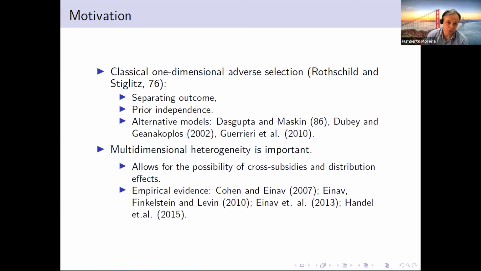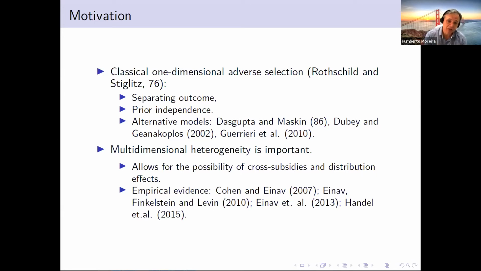If you go to alternative models such as Dasgupta-Maskin, Dubey-Geanakoplos, which is a generalization that introduced this kind of pooling equilibrium, since we have one dimension, even the Guerrieri-Shimer that I'm citing here, which is not exactly in an insurance context, in this kind of paper you're going to have a one-dimensional sufficient statistic to characterize the private information, which is common for the provider of insurance and the insuree, right?